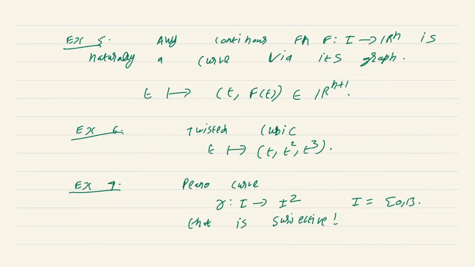Now, one final remark. You might think that this curve gamma from I to I squared is very complicated, but it's certainly not going to be injective. So that's fine, right? If you just stick to simple curves, then they will be, within quotes, simple. Not true. You could have a simple curve from I to Rn which is not one dimensional in the sense that the Lebesgue measure of the image is positive.